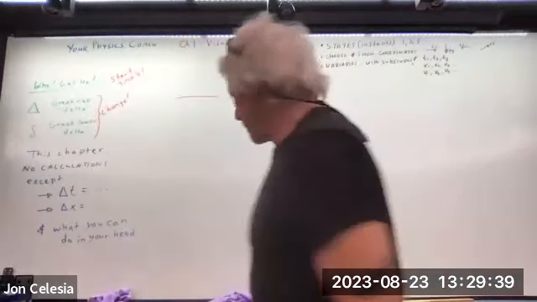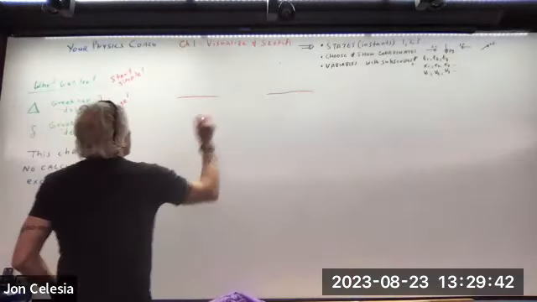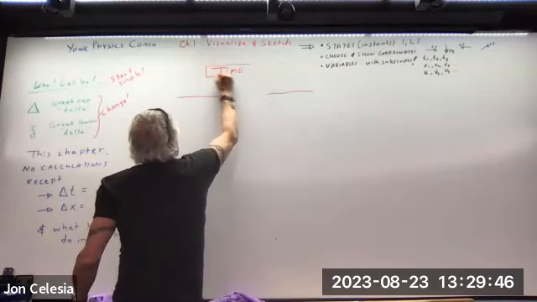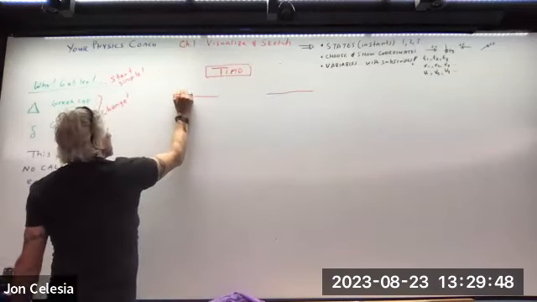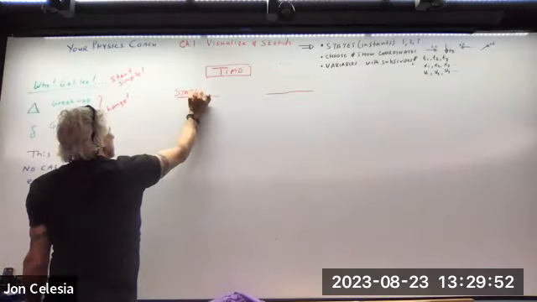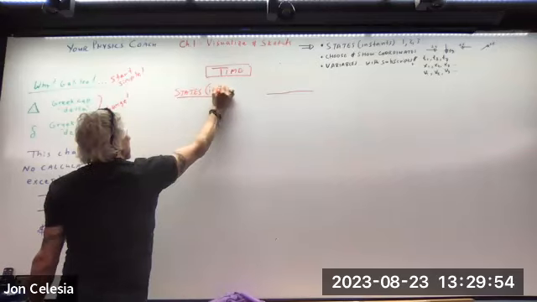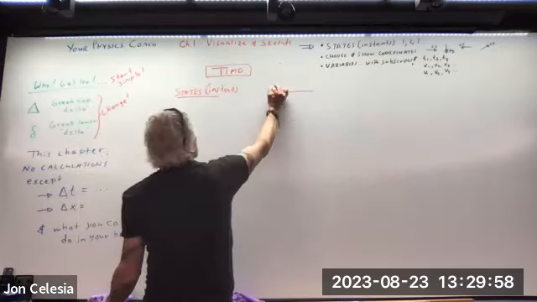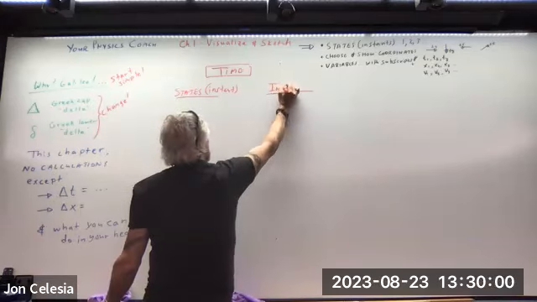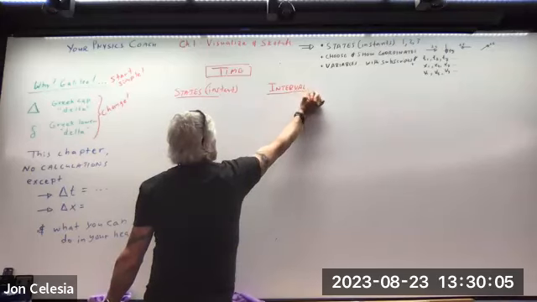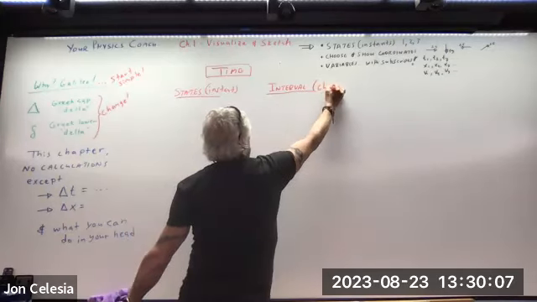Let's talk about time first. For time, we have instants, or I'm going to call them states. Let me say an instant of time. Then an interval, which is a change.